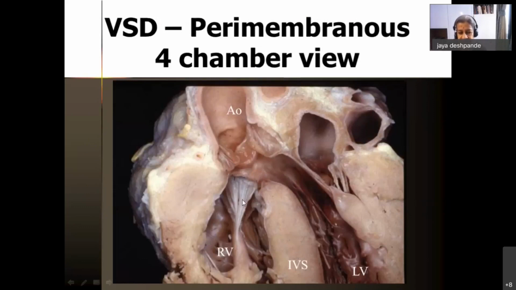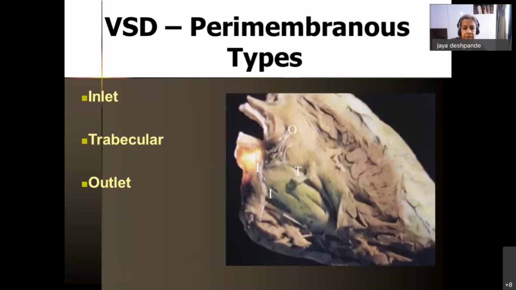Because oftentimes we see a part of the membrane still present at the edges of the defect. So perimembranous defects can have an inlet extension, trabecular extension, and an outlet extension. They can point this way, or they can point that way.